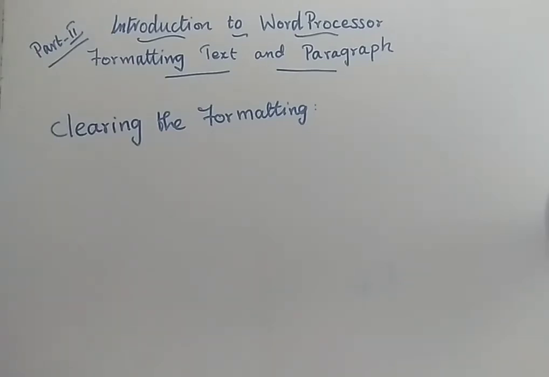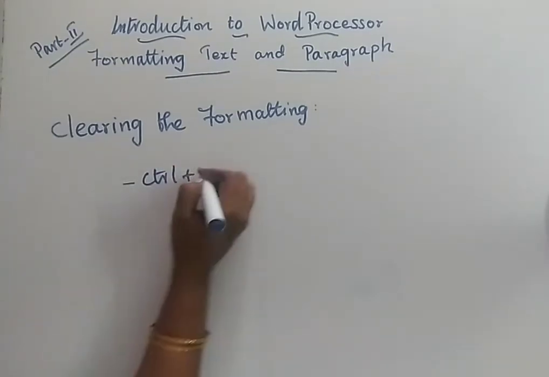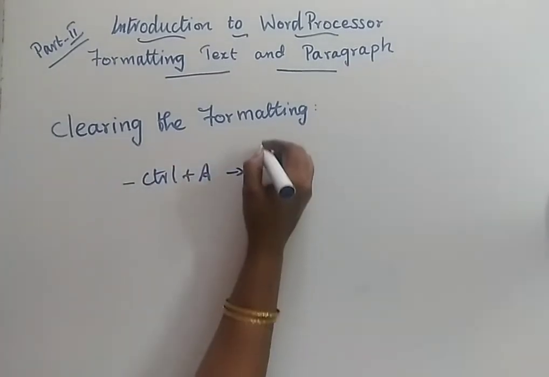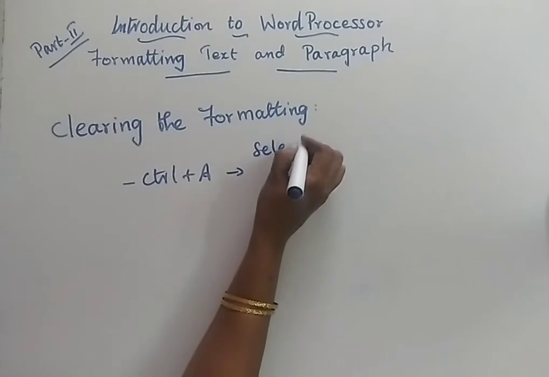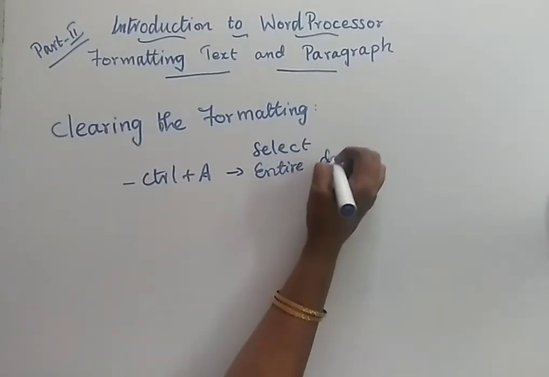If you people are willing to select the entire document, that is the whole document, you have to use the shortcut key Control A. Control A is nothing but it is going to select the entire document.